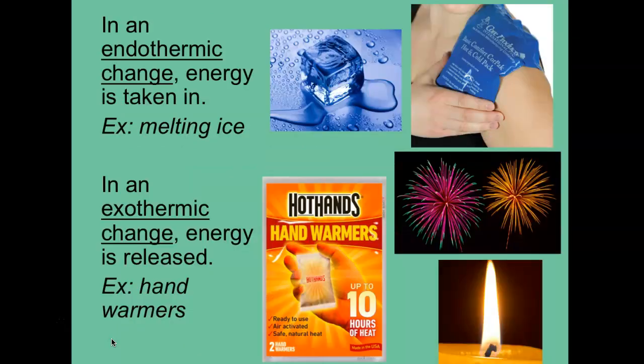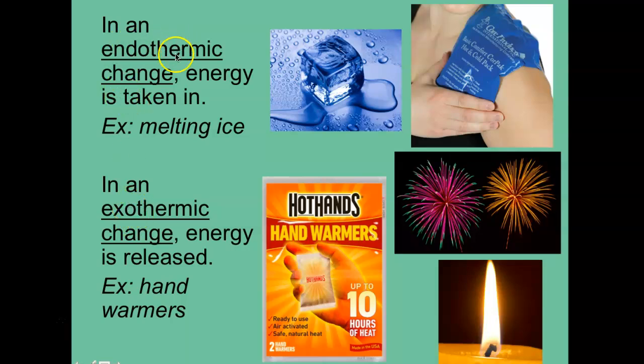So when we're looking at chemical changes, there are two different changes that can occur that relate to temperature specifically. That's endothermic and exothermic. So the stem therm refers to heat, endo refers to within, exo is out or outside.